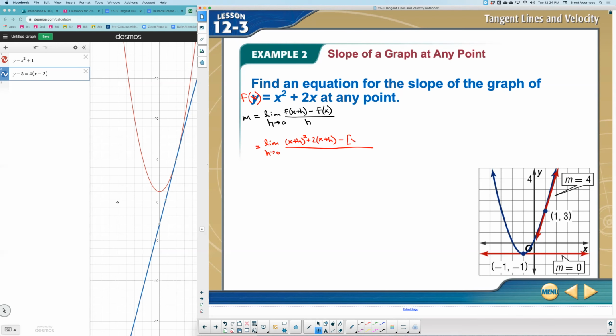So I'll put in these brackets to make sure I subtract the whole equation, but just plugging in an x in there. So x squared plus 2x, all this over h.